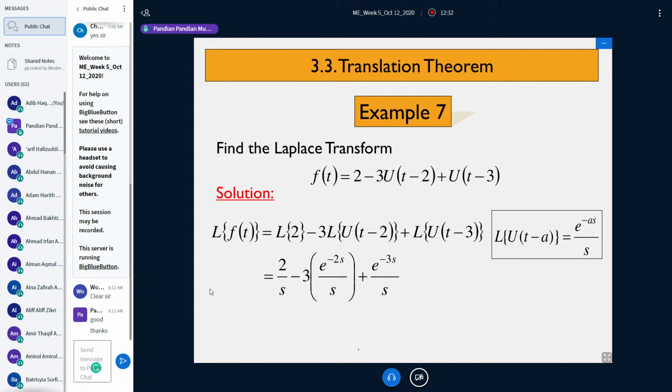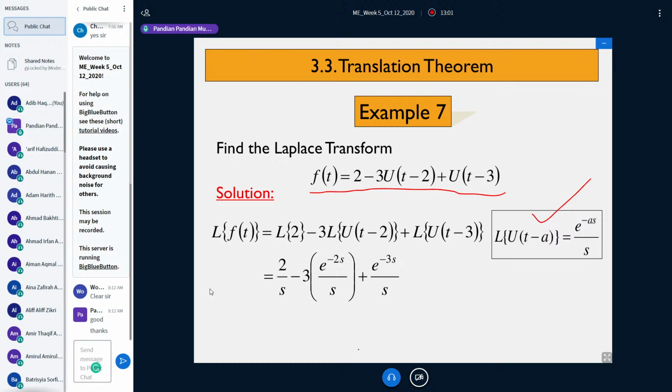Example 7. Your f(t) is a step function, 3 pieces: 2 minus 3 u(t-2) plus u(t-3). This formula is already fixed. Laplace of u(t-a) equals e power minus as over s.